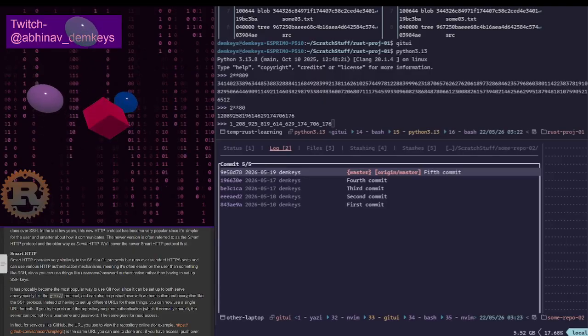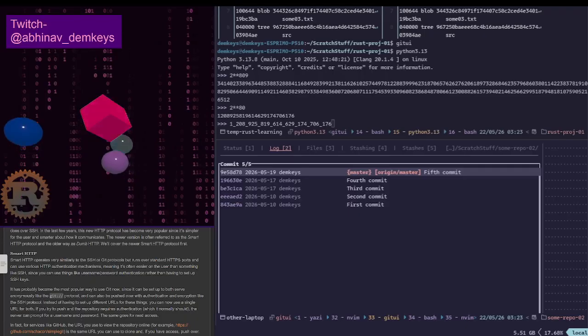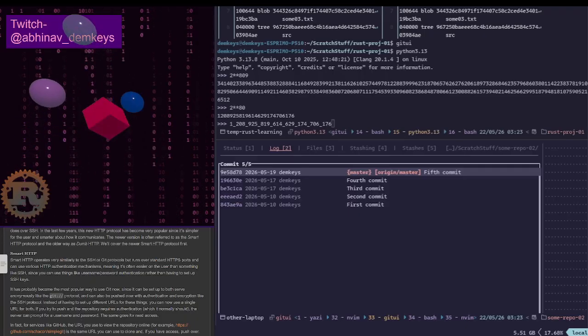I've made some progress since yesterday, which is great. I set up the GitHub authentication.